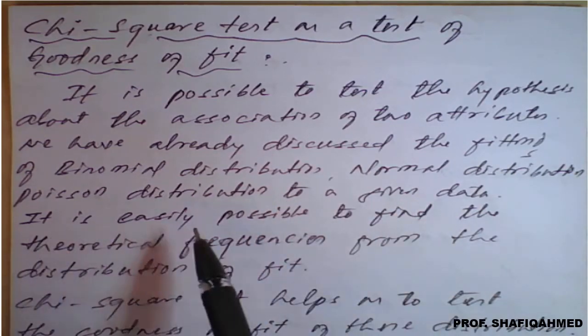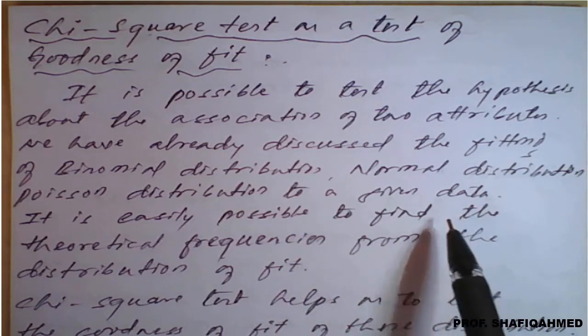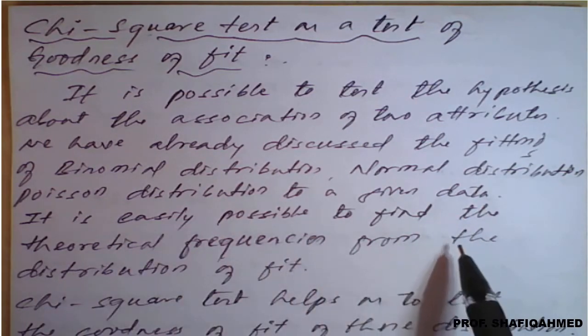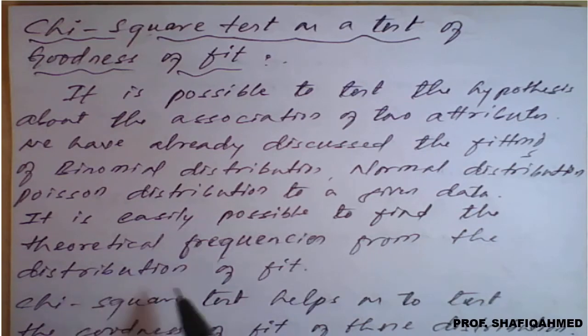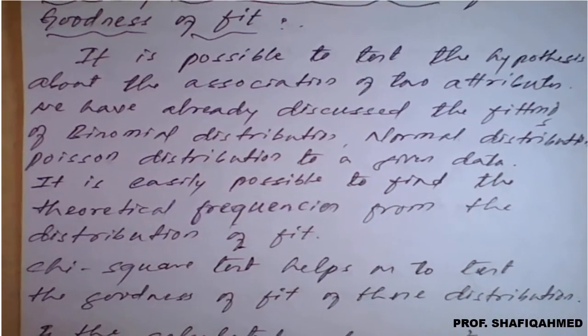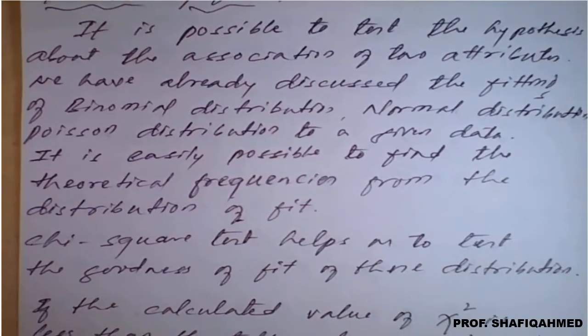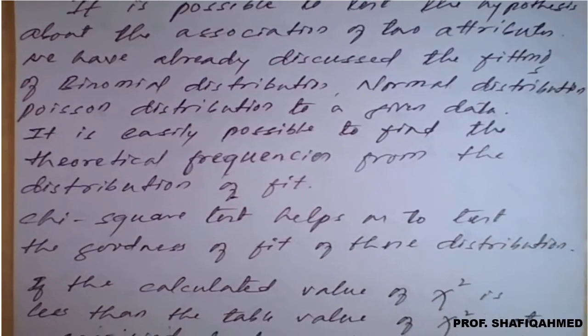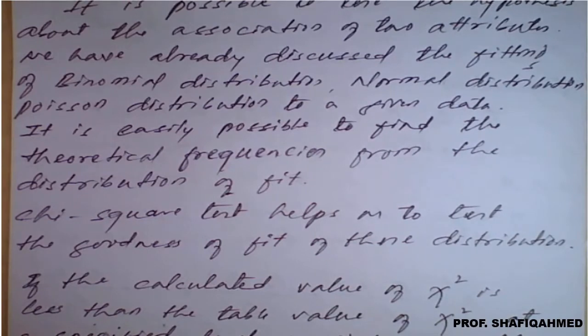It is easily possible to find the theoretical frequencies from the fitted distribution, that is, by using capital F of x is equal to n times P of x.